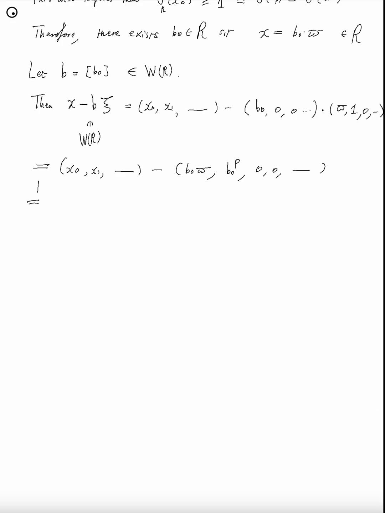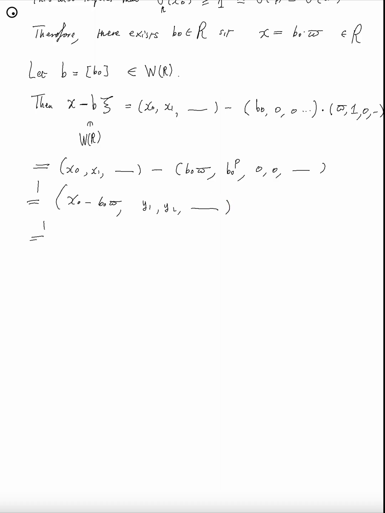Finally, what did we get? This is x0 minus b0 omega for the first component, and then some y1, y2, let's not care.